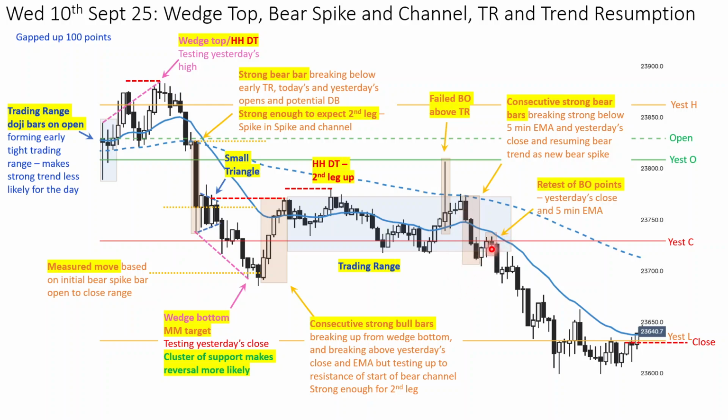Shortly afterwards, after these 3 bars, we had a retest of the breakout point for yesterday's close and towards the 5-minute EMA, and a rejection of that and a continuation down to a wedge bottom.